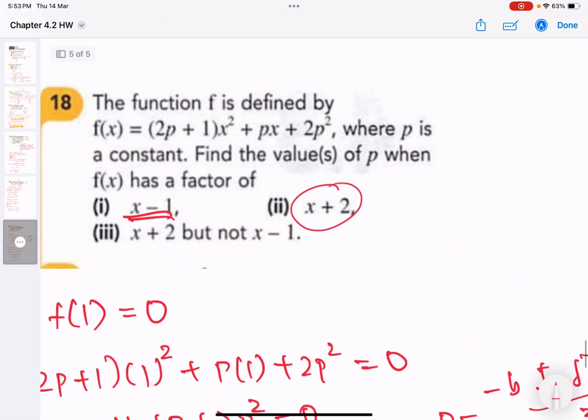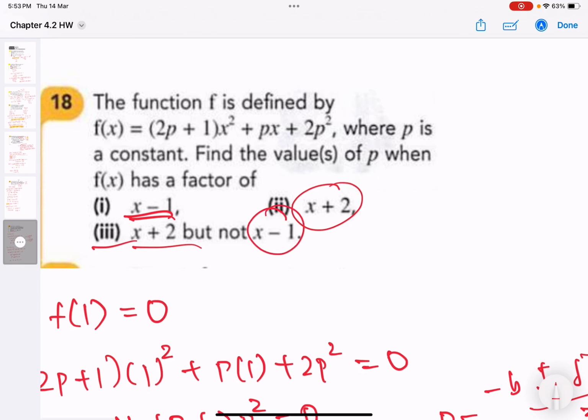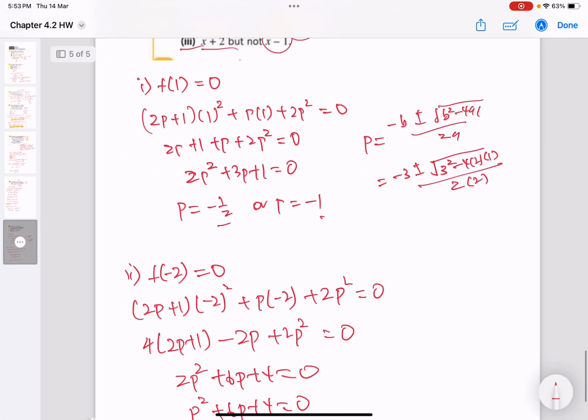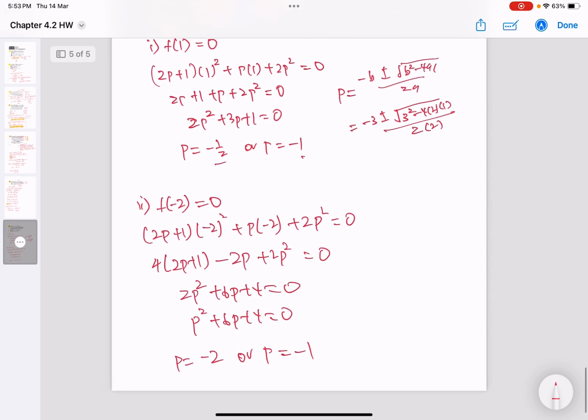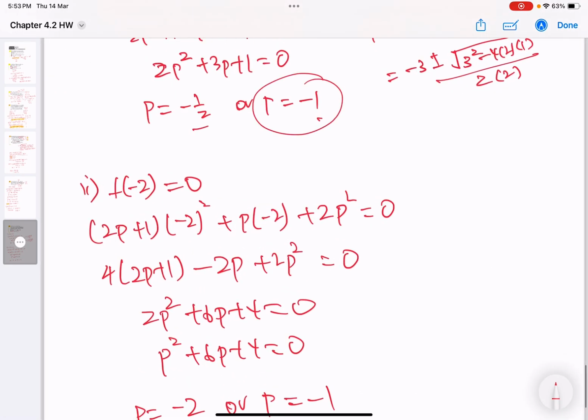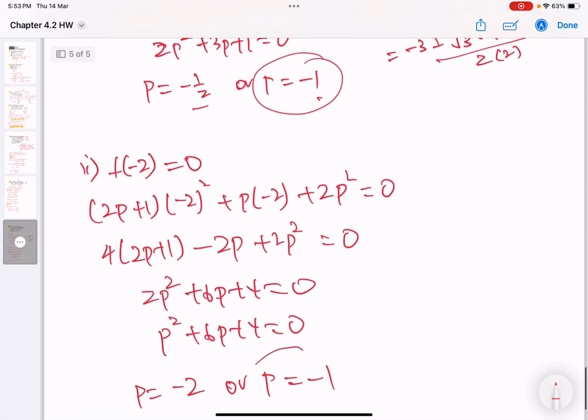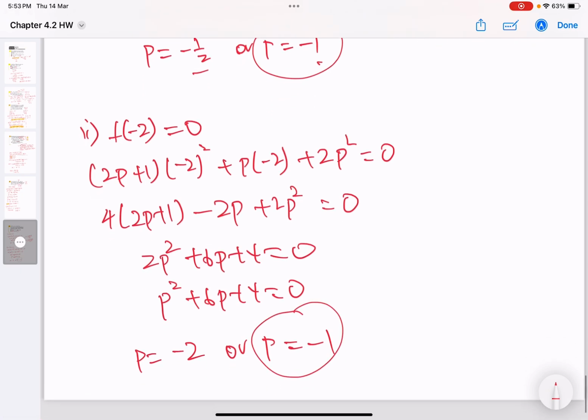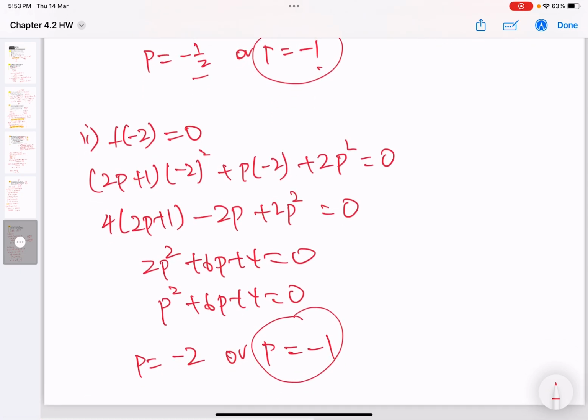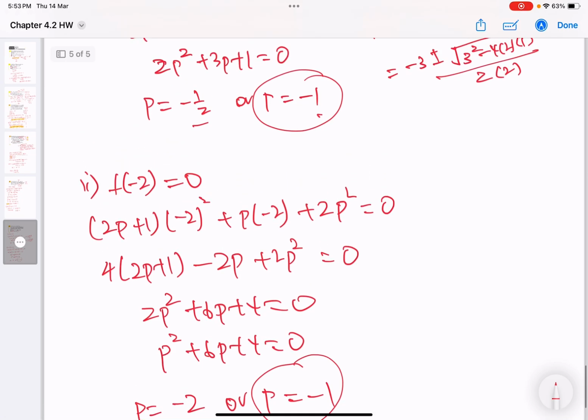Now for part 3: what is the value of p when f(x) has a factor of x plus 2 but not x minus 1? How are you going to do this? Actually, this one you just need to look. Can you see that both of them have p equals negative 1? But in this case, we can only accept when x plus 2 is a factor, which is this one.